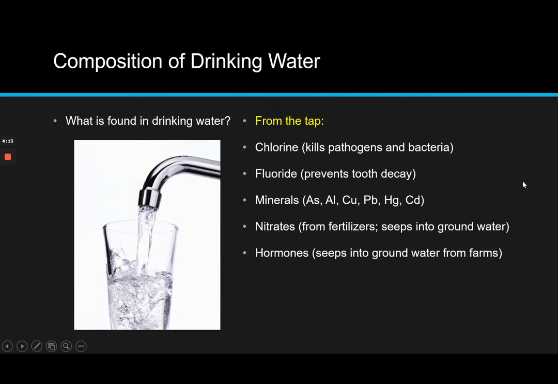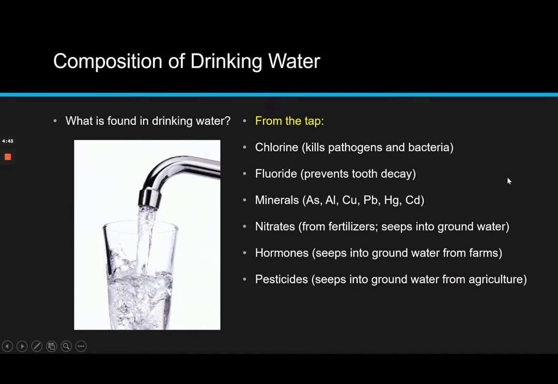Now, depending on where you're living, if you are living on a farm and you're drinking water from some old pipes, okay, there is a possibility that hormones from your fertilizers can seep into groundwater. And then when this happens, hormones tend to have a negative effect on humans, okay, especially if it's in your drinking water.